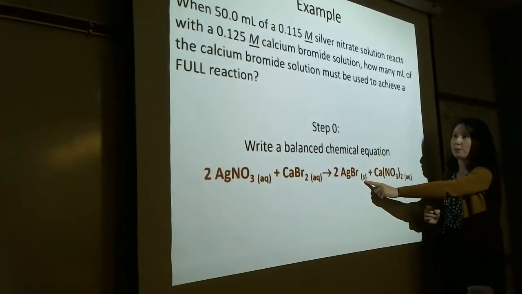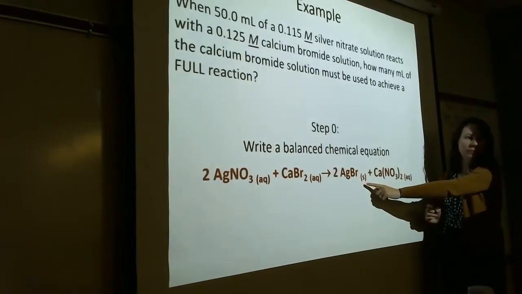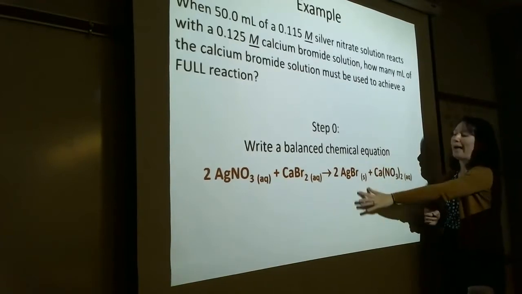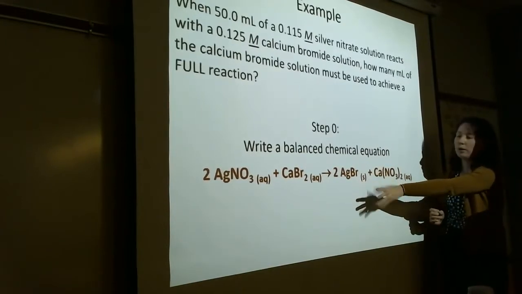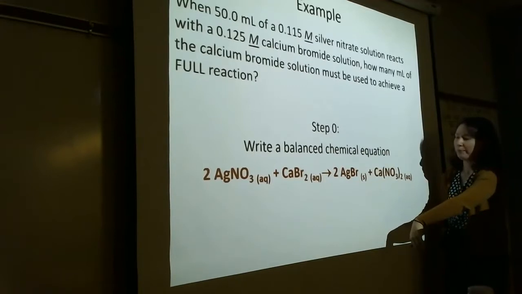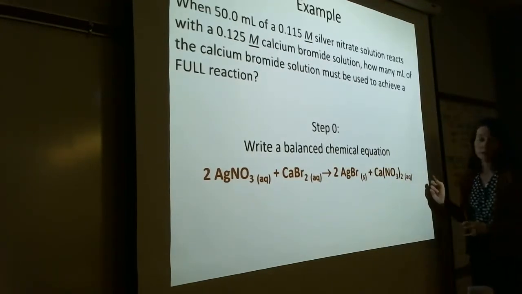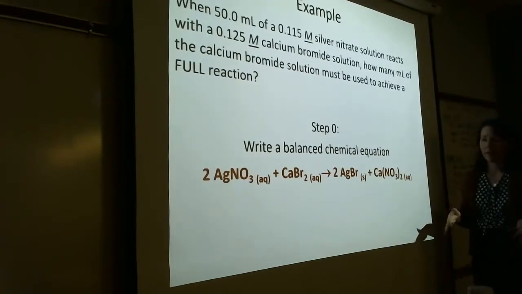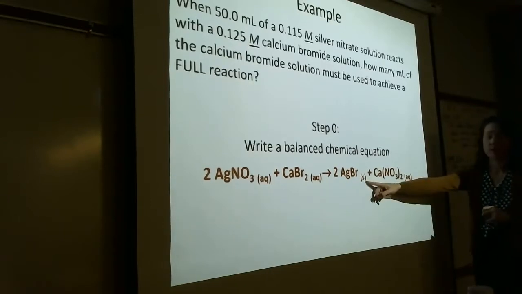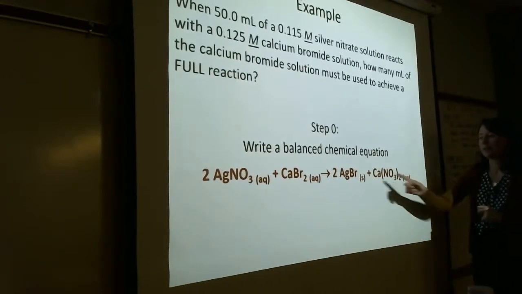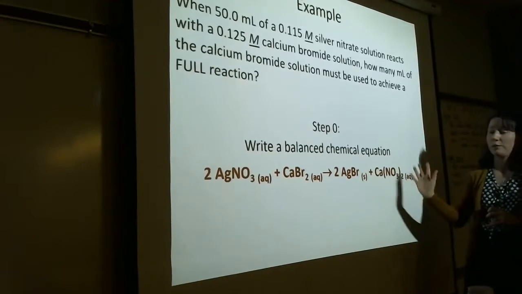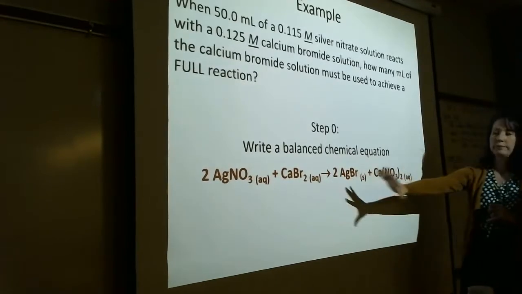Are you interested in the precipitate at all? Does the problem ask you, what mass of the precipitate will form or anything like that? No. So we're writing this equation and we're balancing it, and it's great to know that that's a precipitate and that's aqueous, but the state of matter here is not going to have any influence on my calculations.